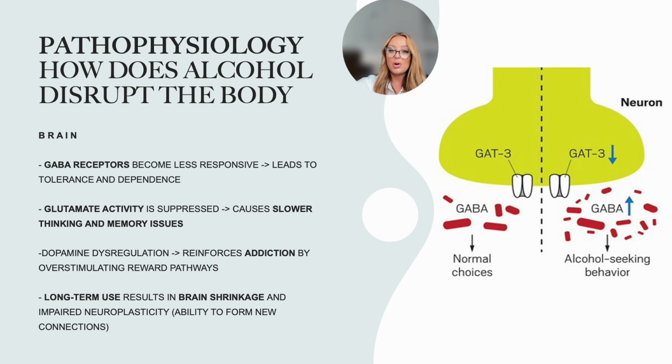The brain's reward pathway becomes overloaded with dopamine, which reinforces drinking as a pleasurable behavior. This makes it harder to stop, even when negative consequences appear. With long-term use, the brain can even shrink, and its ability to rewire itself, called neuroplasticity, is reduced. This makes recovery and learning harder over time.